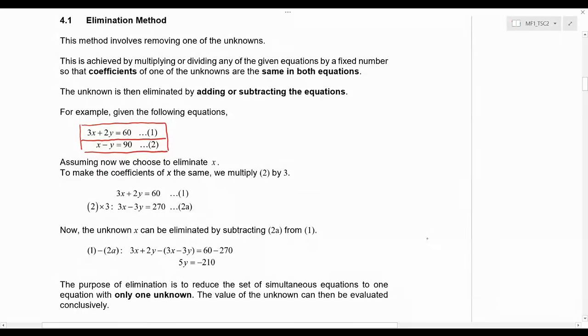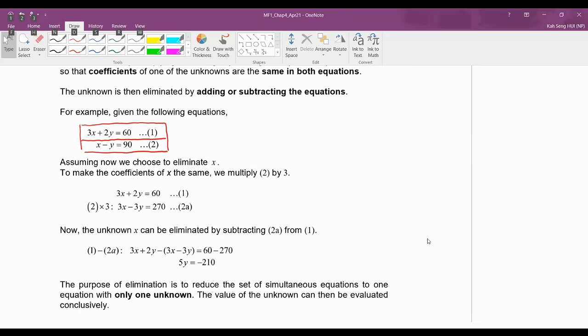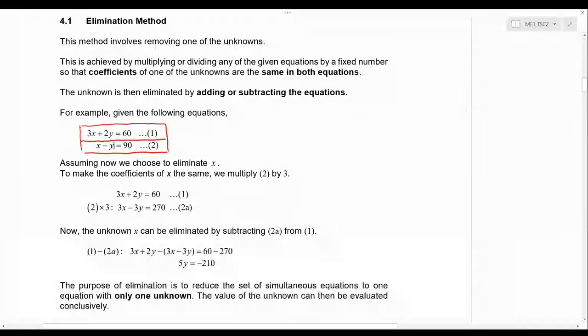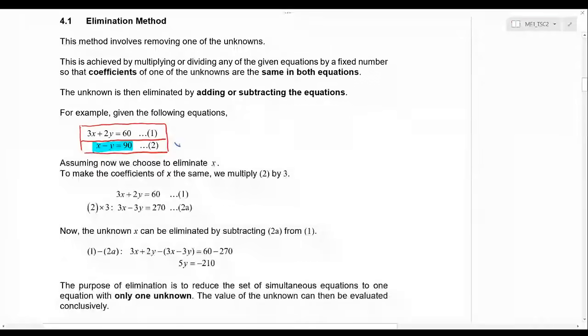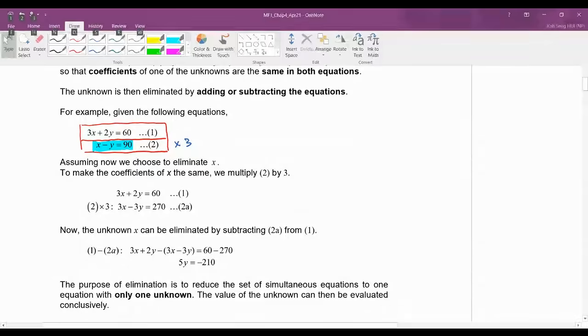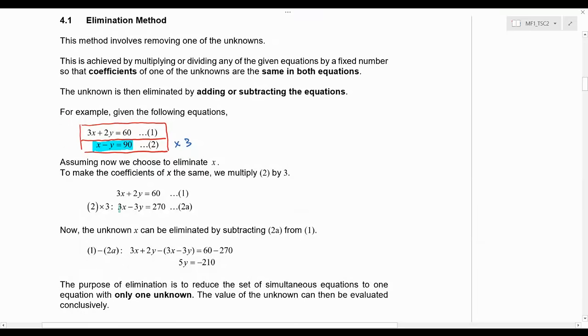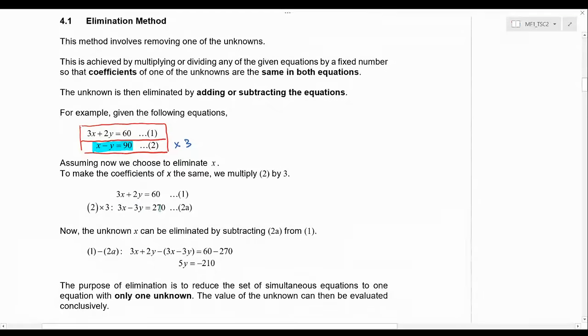Right, so the first thing I want to do would be to multiply the equation by 3. I'll take equation 2 and multiply it by 3. When you do that, everything is multiplied by 3.